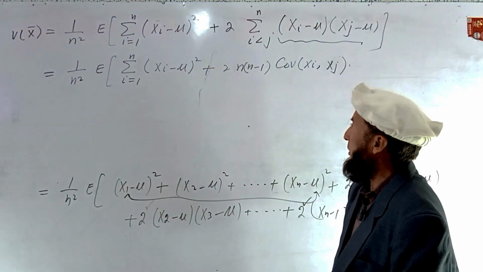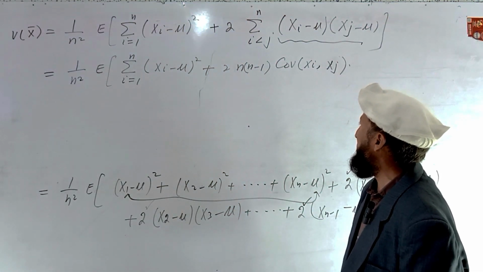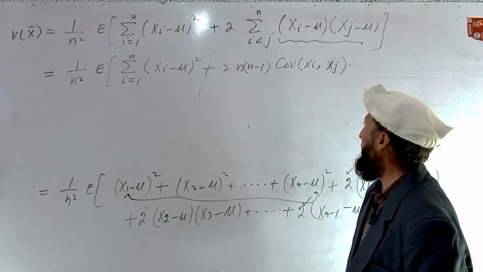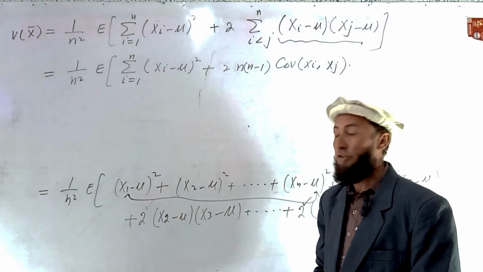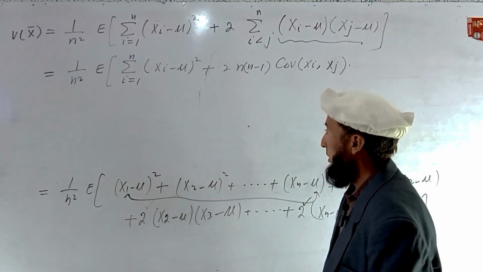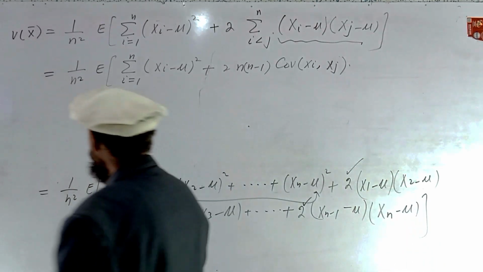So the sampling is with replacement. So the samples are independent, and the covariance term is also 0.